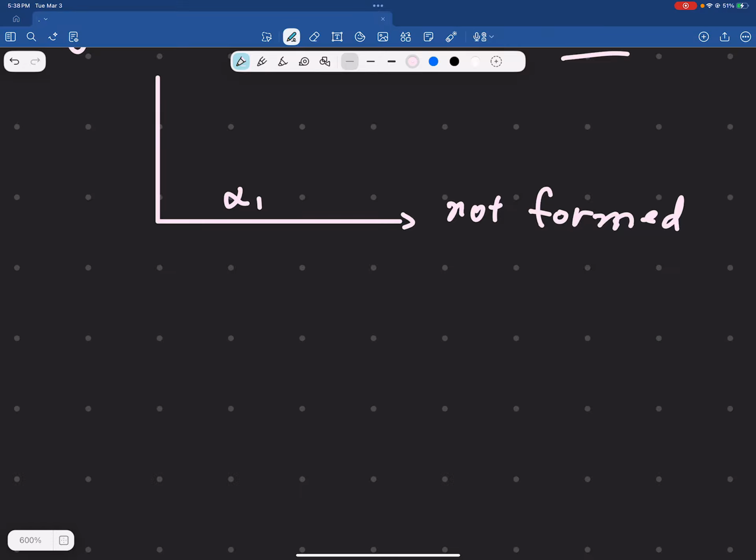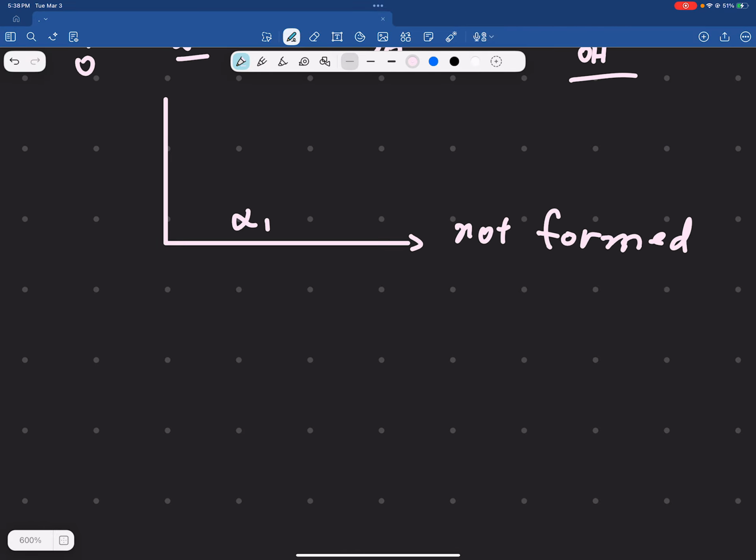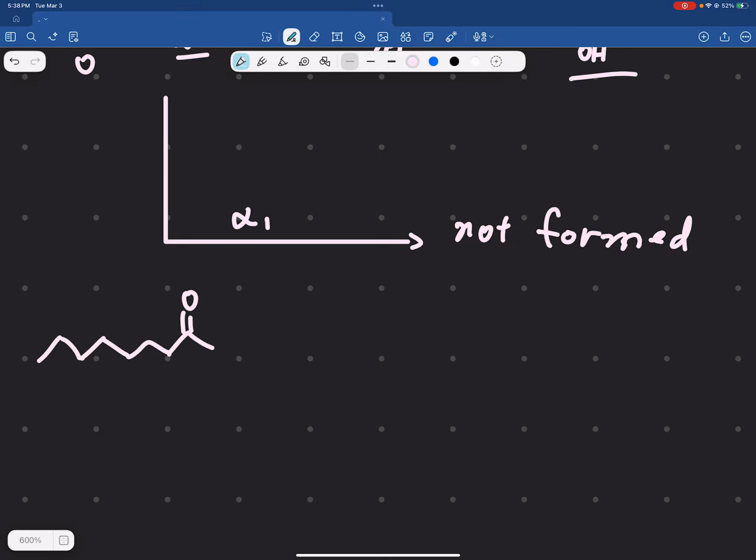A 6-membered ring can also form in an intramolecular aldol reaction. It will actually always form instead of a 4-membered ring because it's more stable. So this is 1, 2, 3, 4, 5, 6, 7, 8, 9.